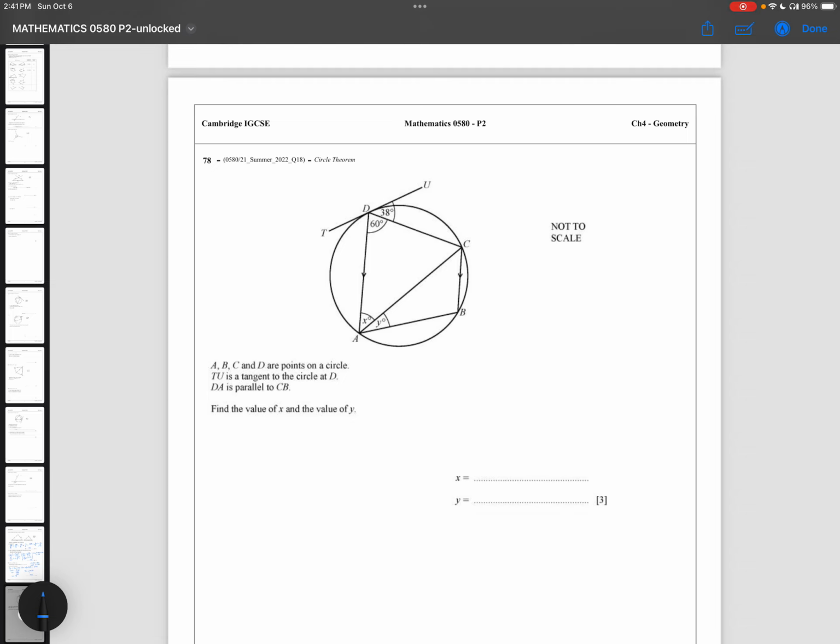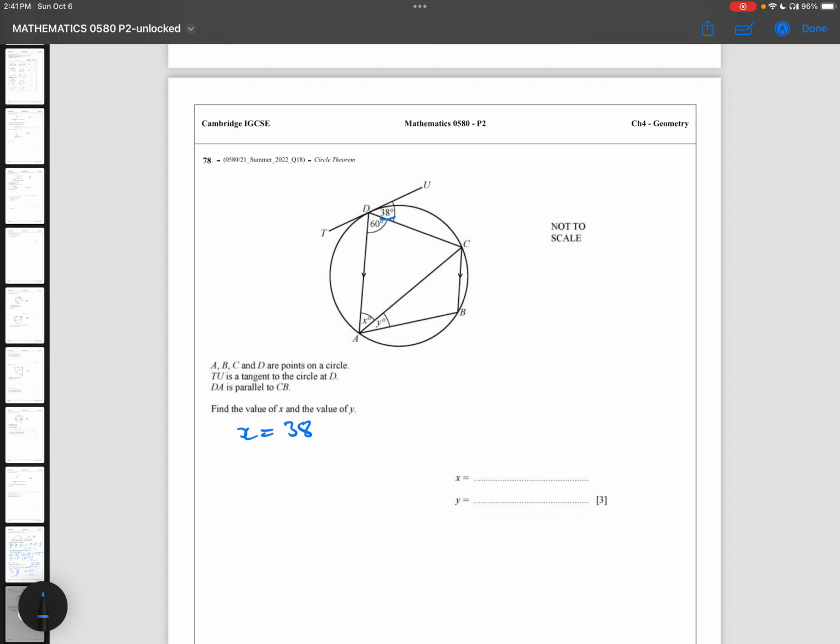So this 38 is the angle between a chord and a tangent. This will be equal to the angle subtended by the same chord CD in the alternate segment. We can see that x is the angle subtended by that same chord CD in the other segment. According to this property, x will be equal to 38.